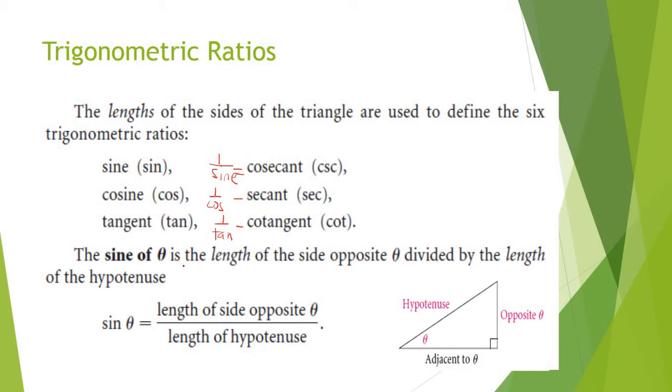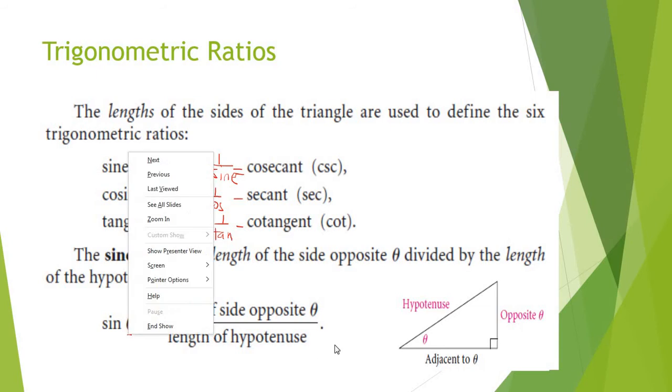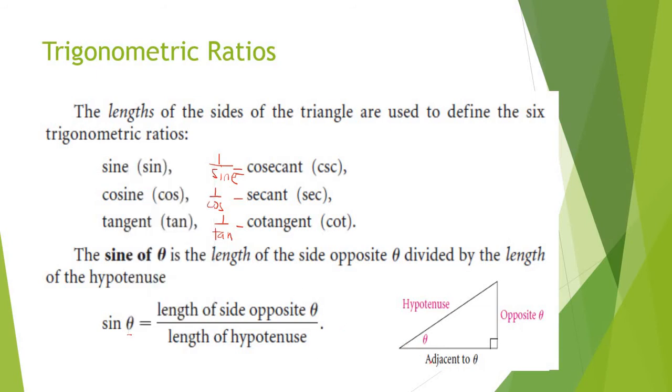The sine of theta is the length of the opposite divided by the length of the hypotenuse. Looking at the figure, the sine theta highlighted here represents opposite over hypotenuse.